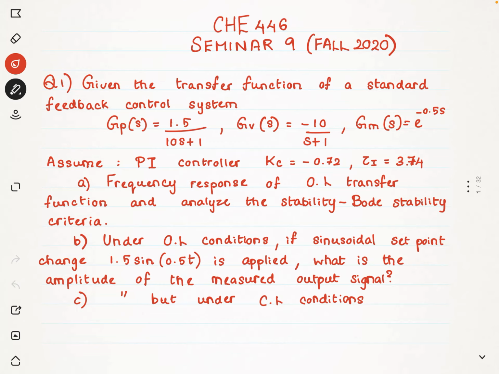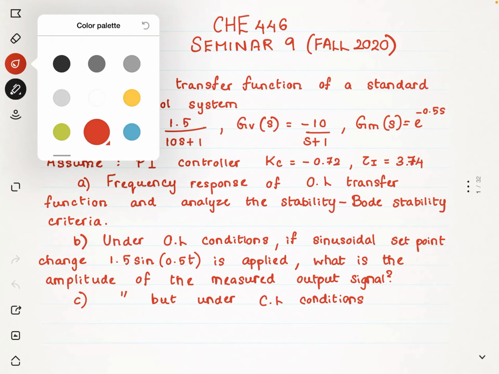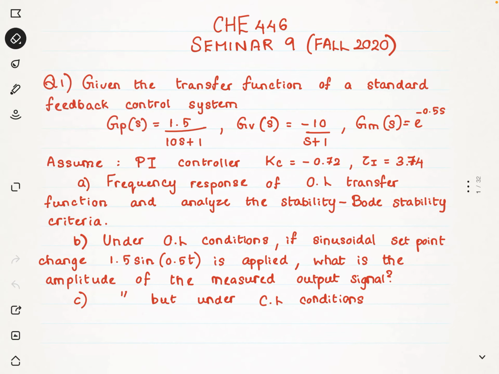In the given transfer function of a standard feedback system, we have been given the process transfer function 1.5 by 10s plus 1, and then the valve transfer function minus 10 by s plus 1, and then a measurement device transfer function e power minus 0.5 s, and then we have been asked to assume that there is a PI controller in the system with Kc minus 0.72 and integral time 3.74.